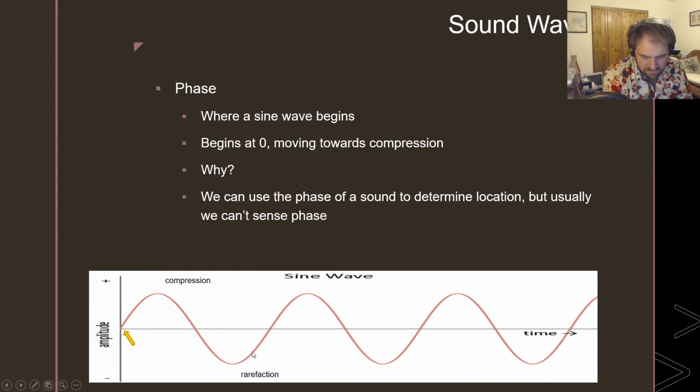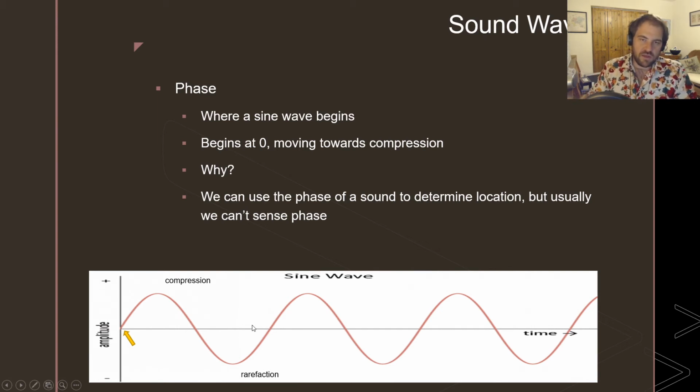It's still negative and it's moving towards positive, but it hasn't crossed the 0 line yet. And at my left ear, which is about right here, it's past the 0 point and it's moving towards positive. So I have a different phase at each ear. And this can help me figure out that the sound is coming from over here.